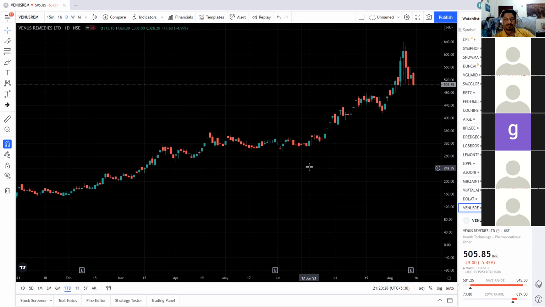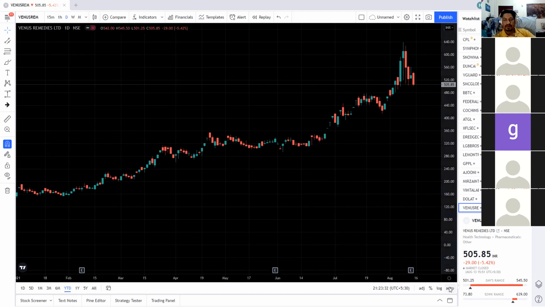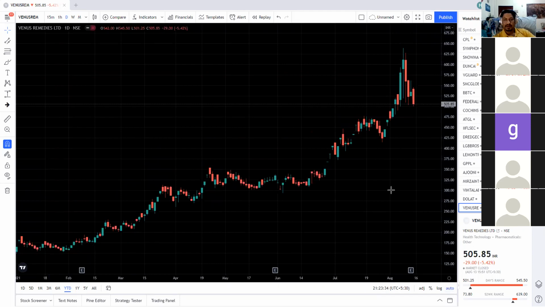Darpan asks, what are the log and auto at the right bottom of the chart? Auto will set according to the price range. You are seeing here the difference between the right side scale, 600, 625, 650, means this scale is automatically selected at 25 rupees. For each 25 rupees, this scale is selected.